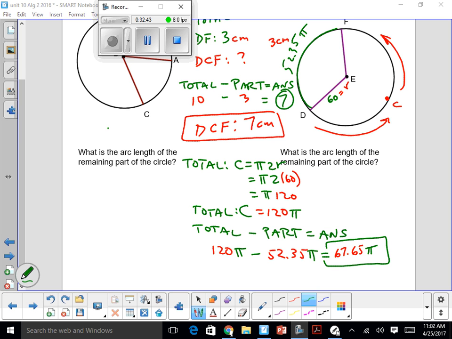Let me do one other thing on this one. All right, here goes. There's an ugly problem on the test, and I have no other way to say it than to just say how to do it. How do we change this 52.35 pi, which means it's radians, into degrees?